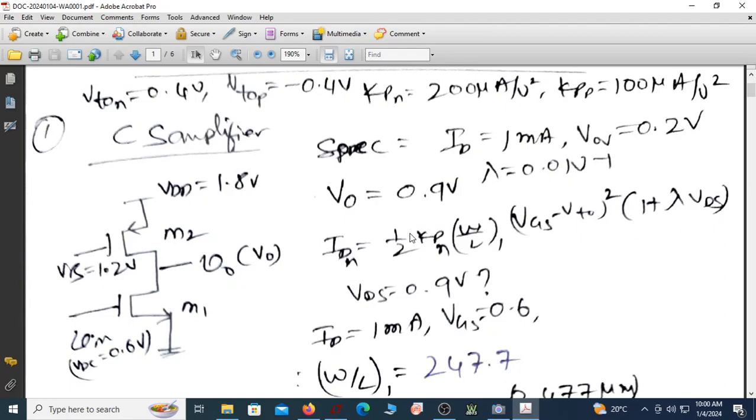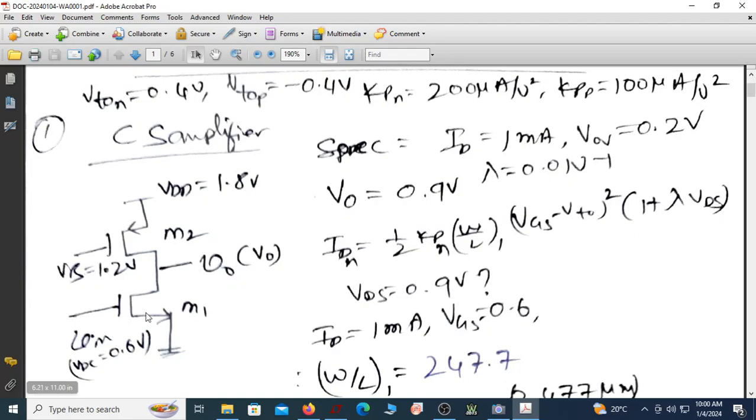Suppose you substitute all these parameters, because I know ID is 1 milliampere, and I know VGS, because VGS minus VTO should be 0.2, so naturally VGS has to be 0.6.